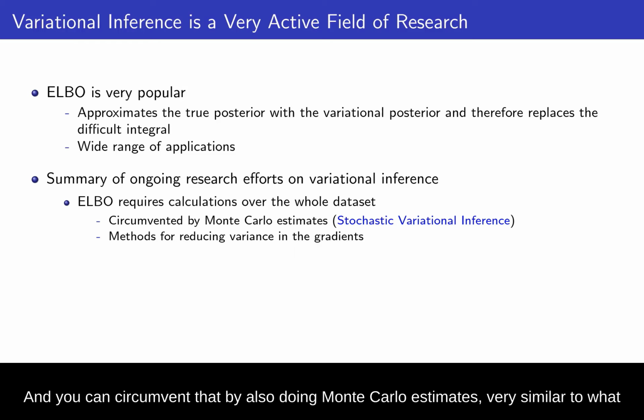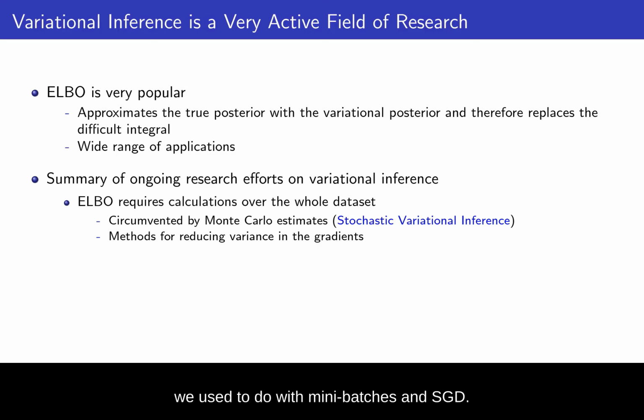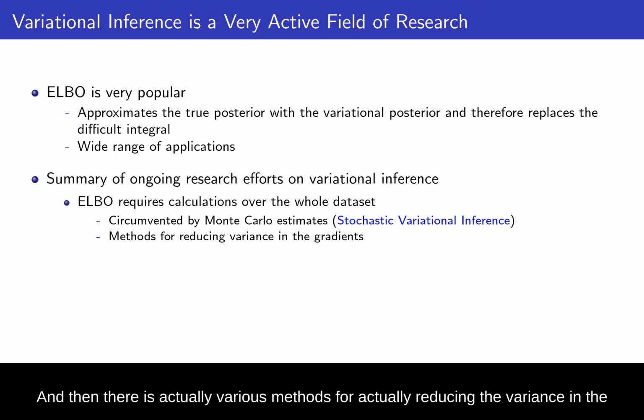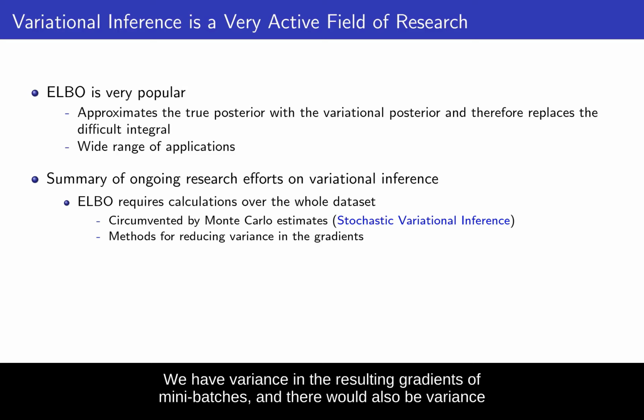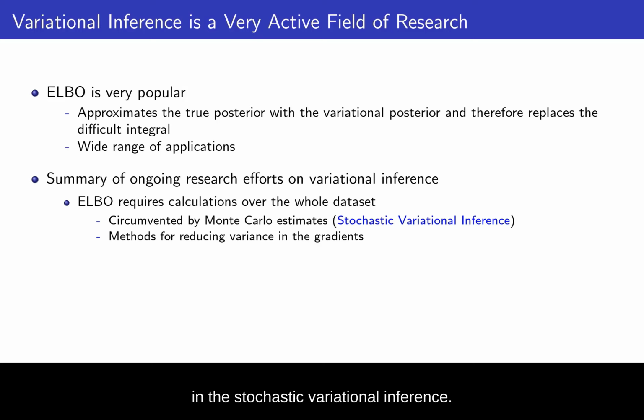You can circumvent that by also doing Monte Carlo estimates, very similar to what we used to do with mini batches in SGD. And there are various methods for reducing the variance in the resulting gradients. We have variance in the gradients of mini batches, and there would also be variance in stochastic variational inference, and you try to reduce this variance as much as possible.